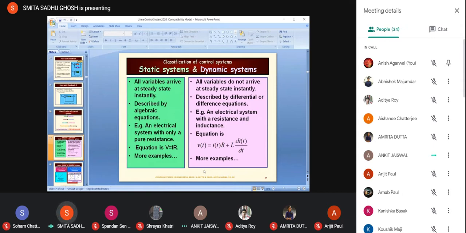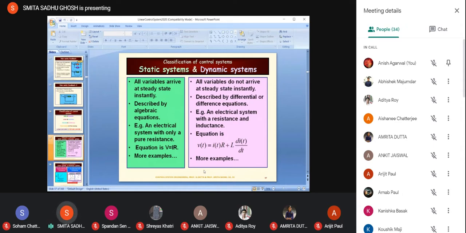But say, for example, if there is a simple conversion from one form to the other, or say, even a gear or some component where you see only a multiplication factor. The input is just being multiplied by a factor and you get the output.